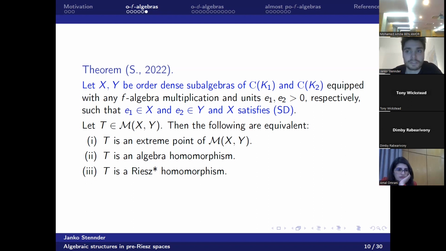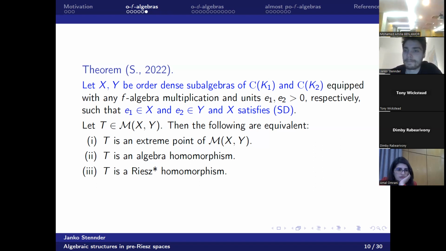In general partial order vector spaces, it is not true that a positive disjoint preserving operator is again a Riesz star homomorphism, not even in a pre-Riesz space. The only condition we could find so far is this property SD in the setting of order dense subalgebras or subspaces. One of the tasks we still have is to find a condition in a general pre-Riesz space or partial order vector space that ensures that positive disjoint preserving operators are Riesz star homomorphisms. We're still working on that.